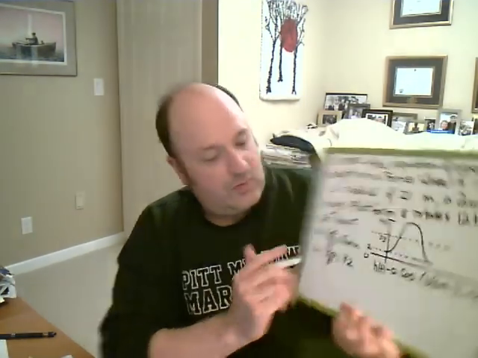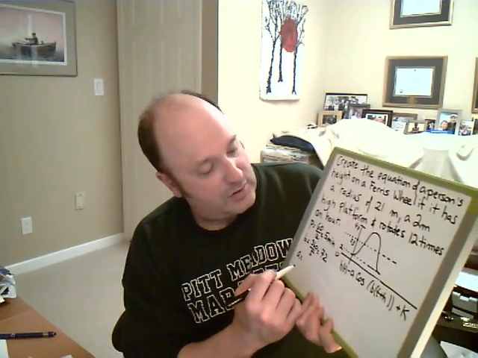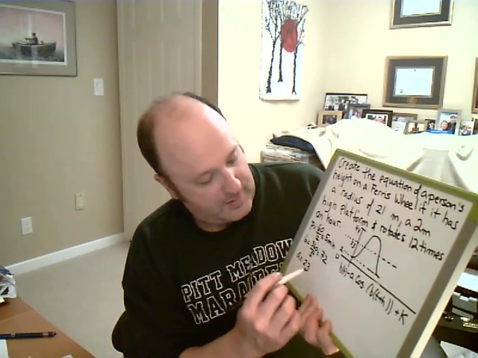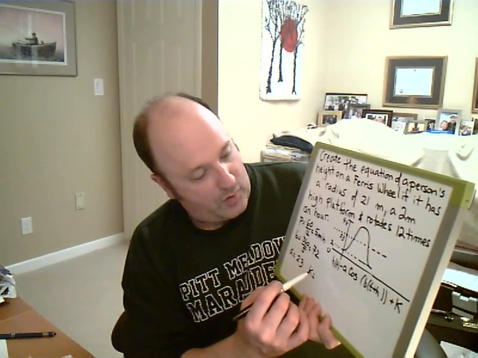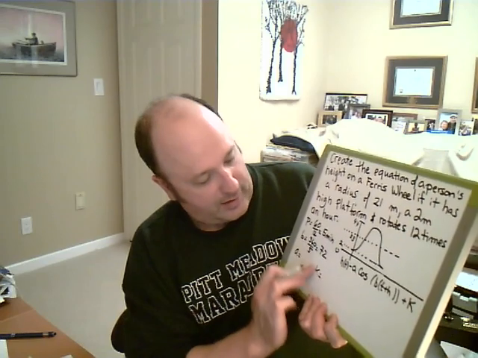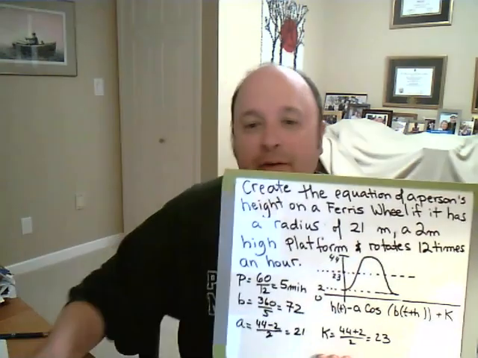So my a value, I can calculate that. 44 plus 2 is 46, so what's that, 23? And my k value is 44, sorry, I got this all wrong here. Hold on, let me calculate it. Give me a moment. There we go.